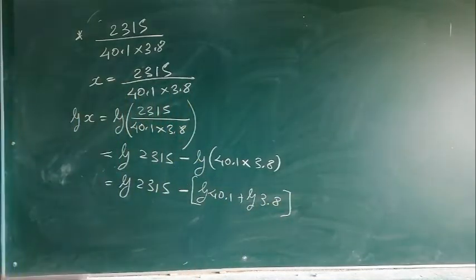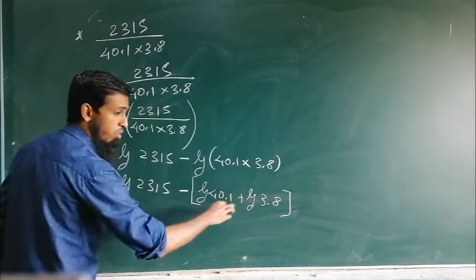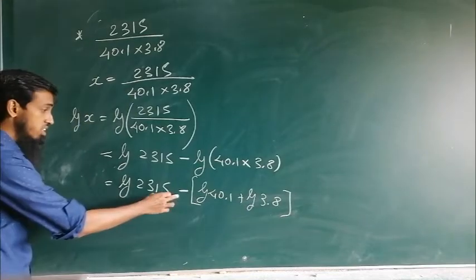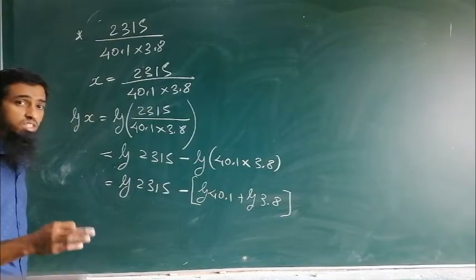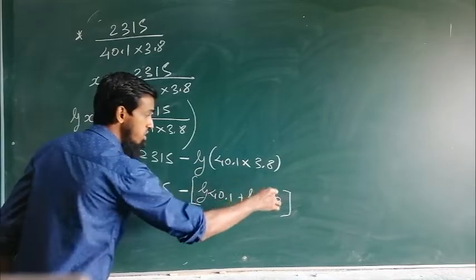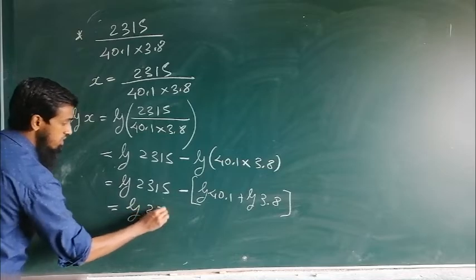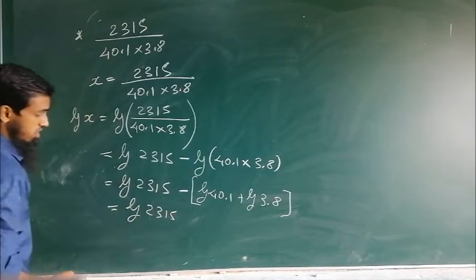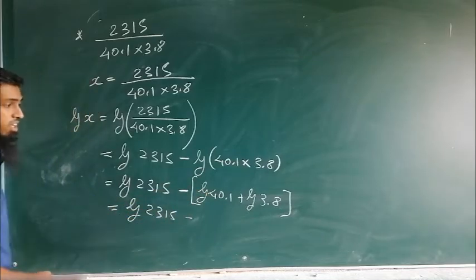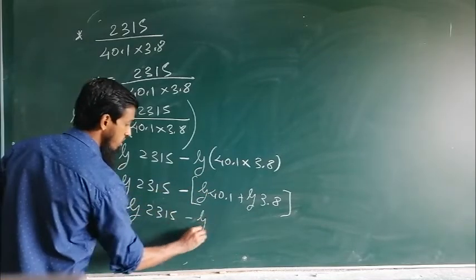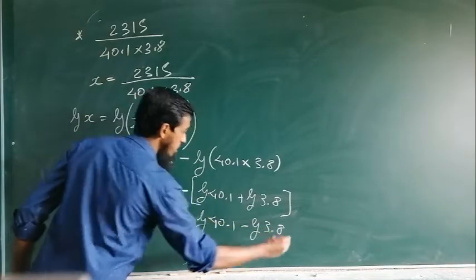What is the reason we put a bracket on this step? Because we have more than one value. After the subtraction, if you have more than one value, it is safe to write it inside the bracket. So now LG 2315 minus, if you multiply with the logarithm individually, LG 40.1 minus LG 3.8.